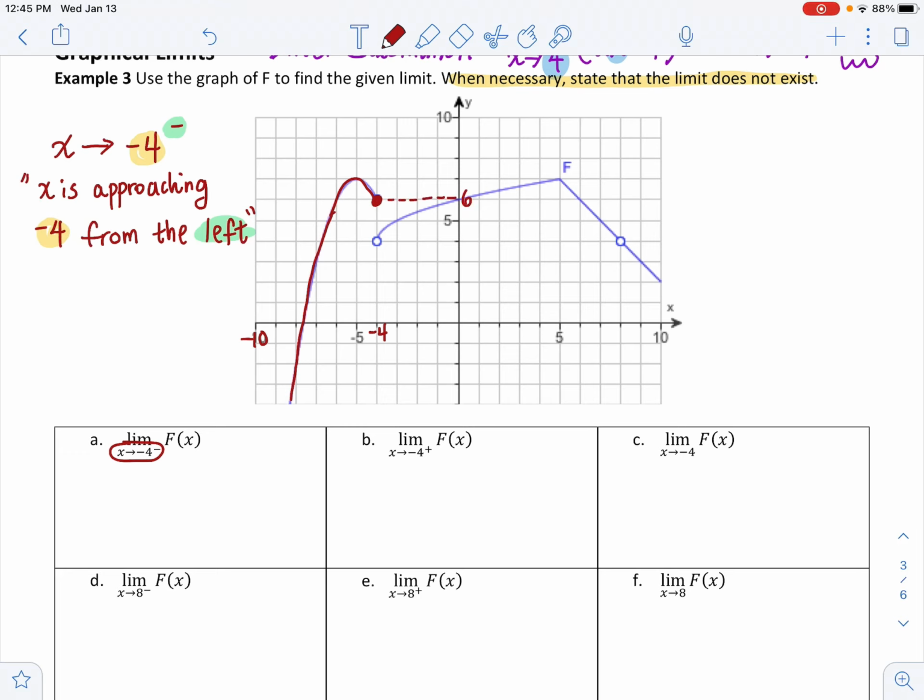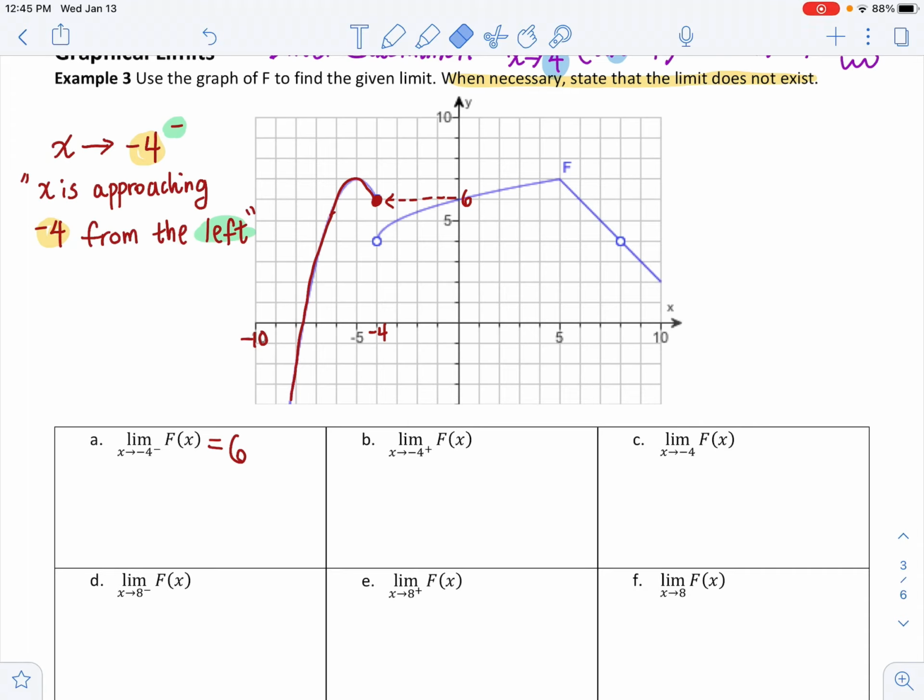You see the y value is 6. So this equals 6. What we were trying to find was to start from somewhere to the left of -4 and then try to go to -4 and see what the y value is. That's how we can read the one-sided limit graphically.